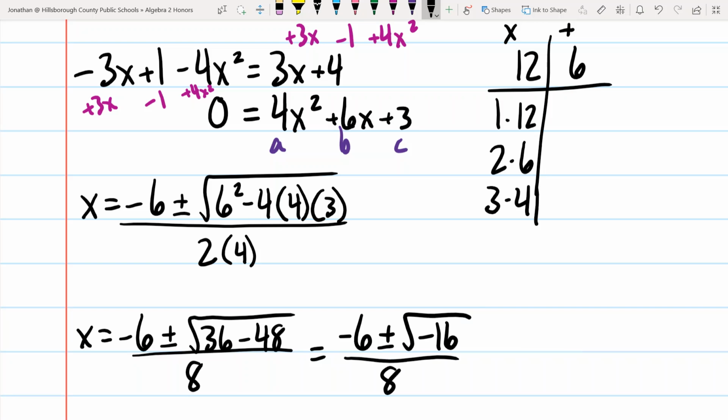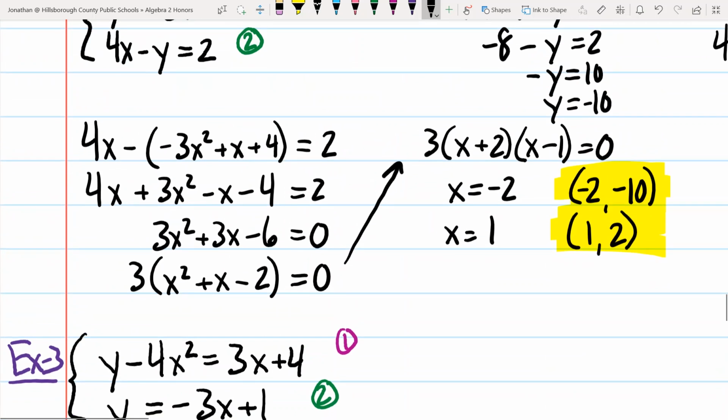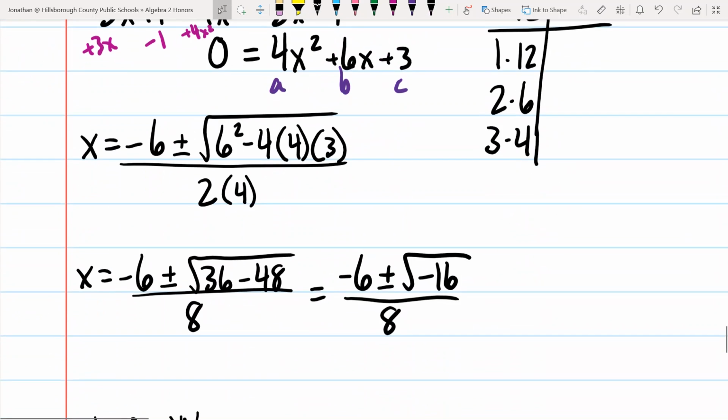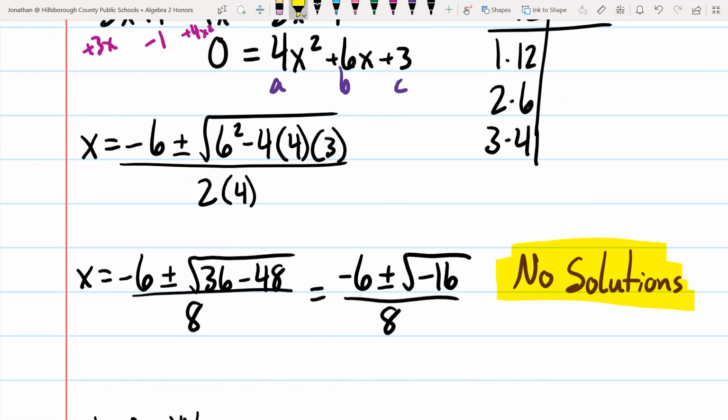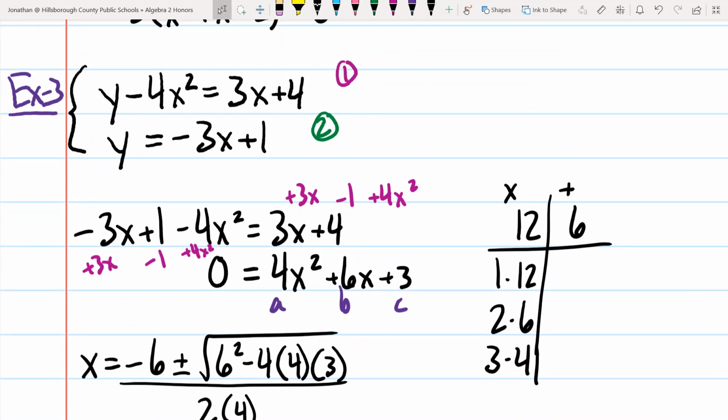There are no real solutions for this, and since we're looking for specific points where they intersect, this is not the section where we come through and solve for imaginary solutions. So this is where you know to say no solutions. Because the discriminant, that number inside the square root, is negative. This parabola and line do not intersect.